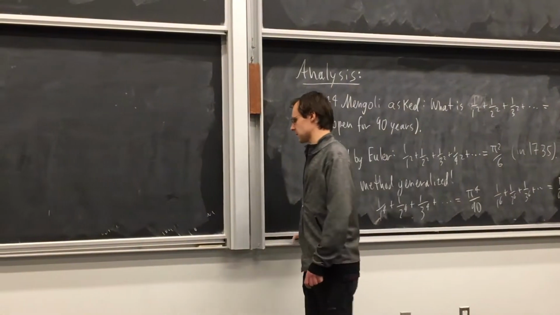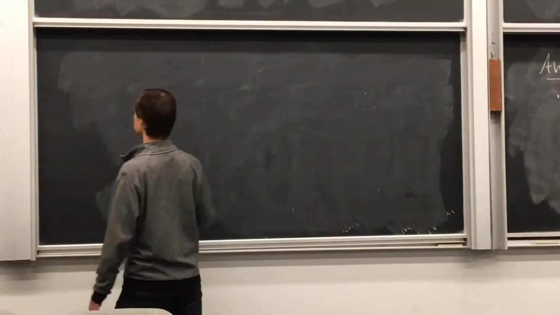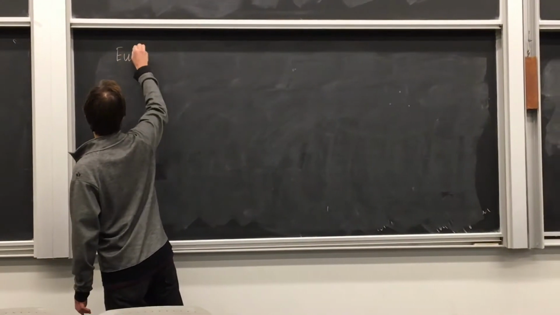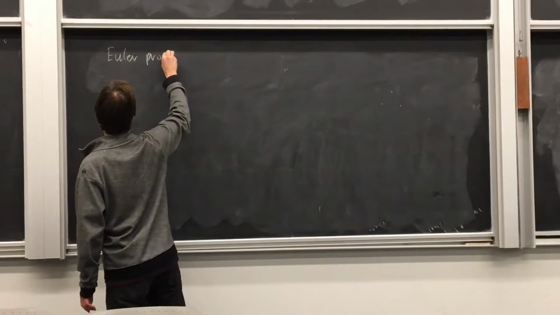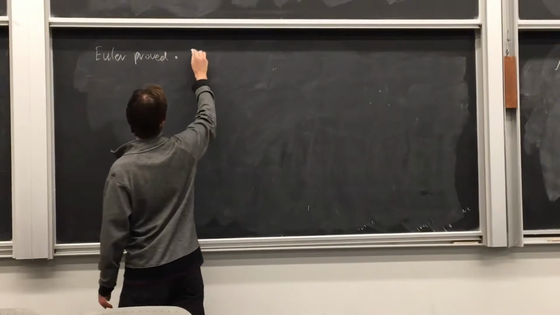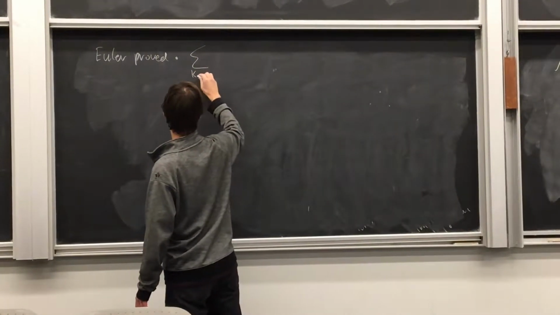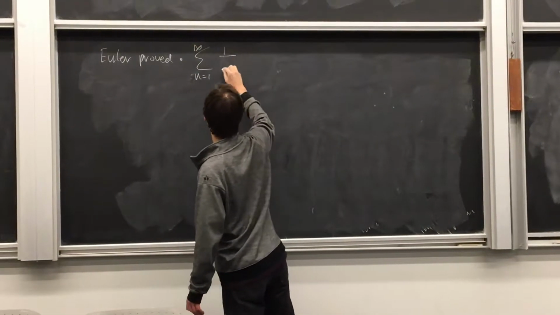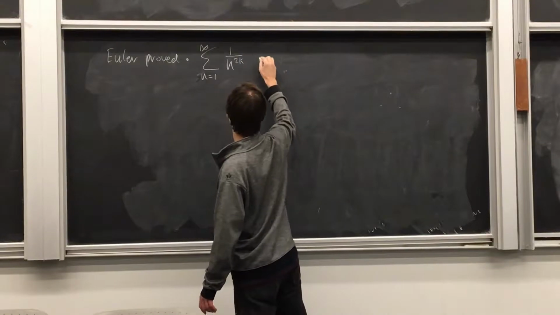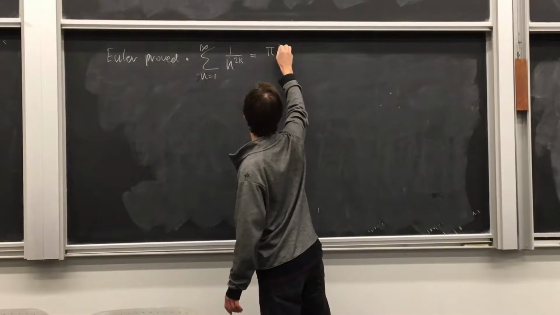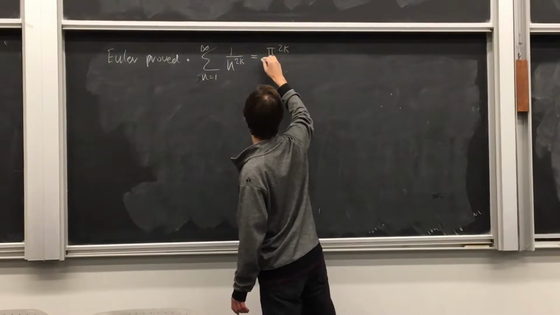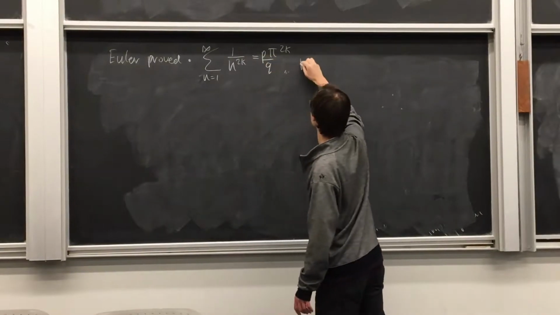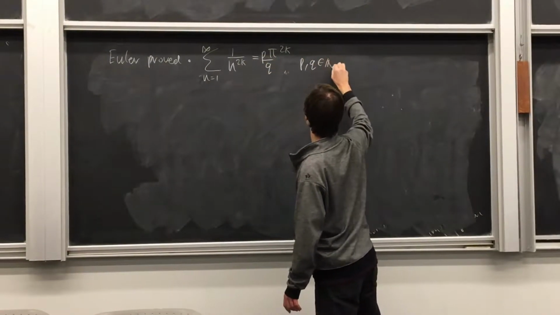What else did Euler's method allow him to conclude? So Euler proved, let me just write down what he proved here. The first thing he proved is that the sum, I'm going to use summation notation, n equals 1 to infinity of 1 over n to the 2k is equal to pi to the 2k times a rational, so p over q, p, q in the natural numbers.